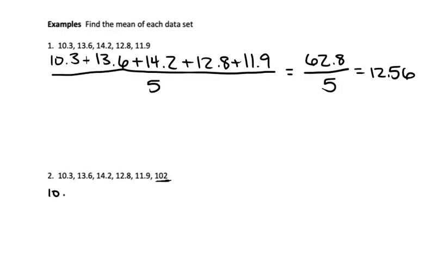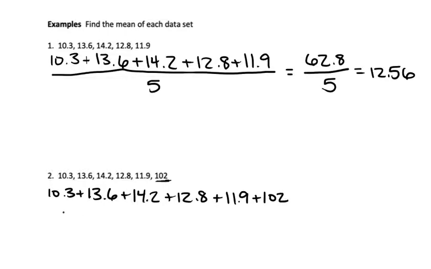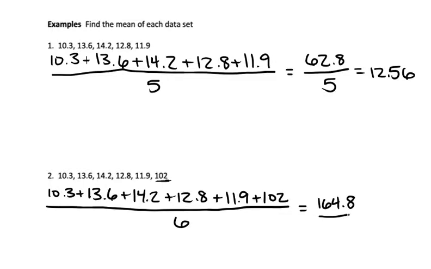So we have 10.3 plus 13.6 plus 14.2 plus 12.8 plus 11.9 plus 102. And now I'm dividing by 6, since I have 6 numbers now. So when I add up those numbers, that gives me a total of 164.8. And when I divide that by 6, I get 27.47.